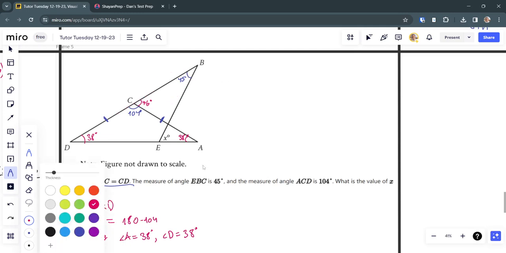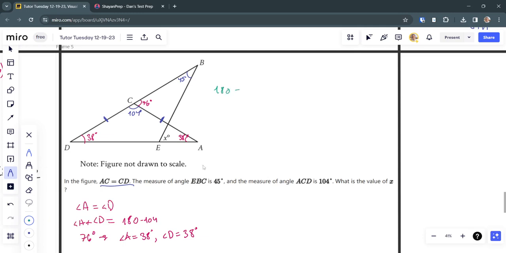Maybe I should do a different color. Like 180 minus 45 minus 76 will give us this green angle right here. So that's 135 minus 75, which is going to give us like 60.